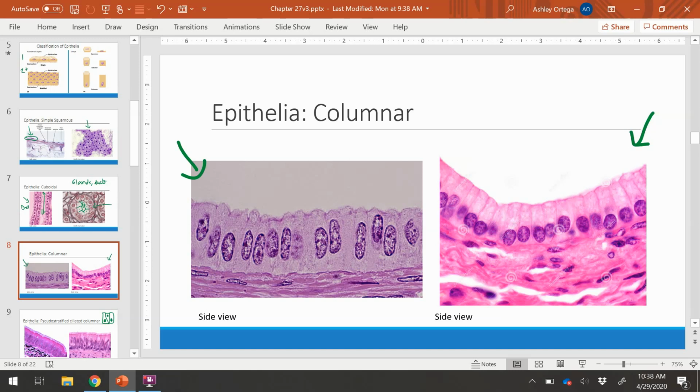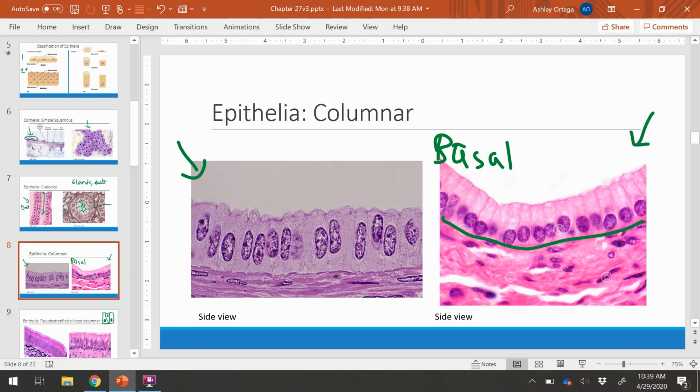This bottom part is actually given the name of basement membrane or basal surface. Depending on where you're looking, it's basal surface or basement membrane. And that's just to help you identify that area.